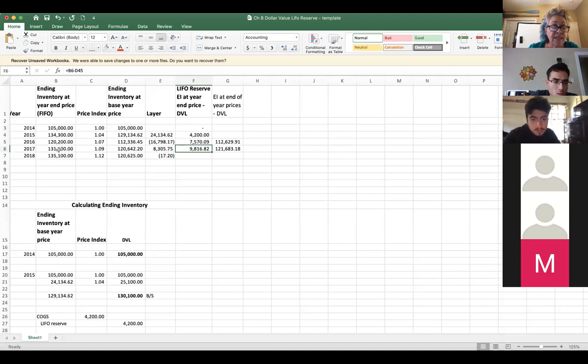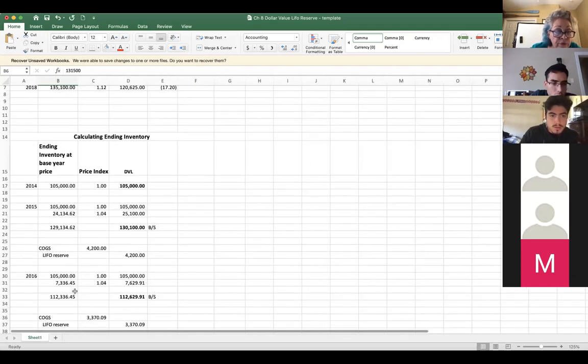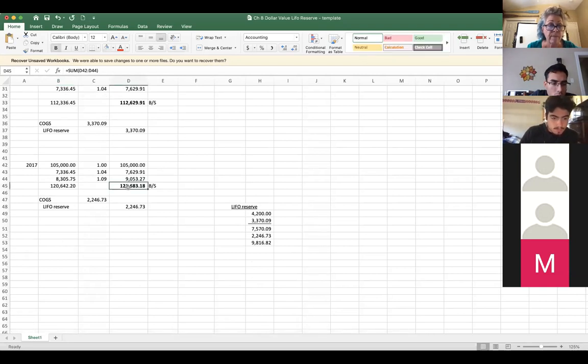The company, like I said, is keeping track of their inventory using FIFO because it's much easier. Then when they go to prepare financial statements, they need to convert from FIFO to DVL. So this is the process that we're going through right here to convert from FIFO to DVL.